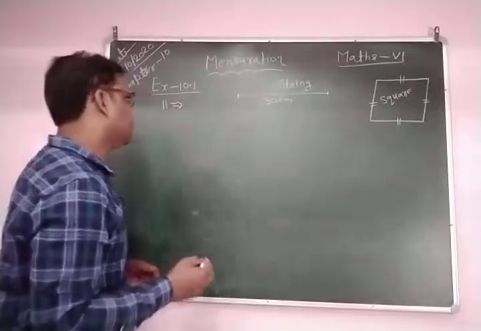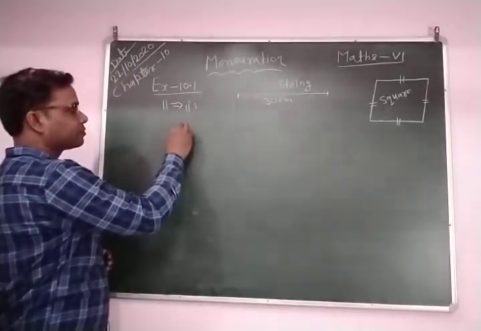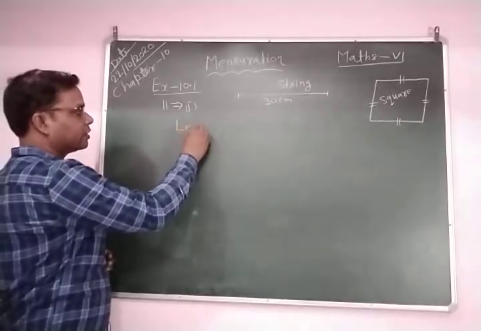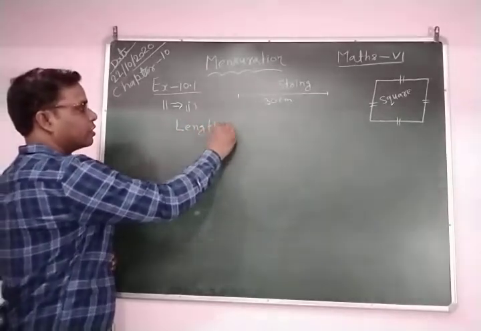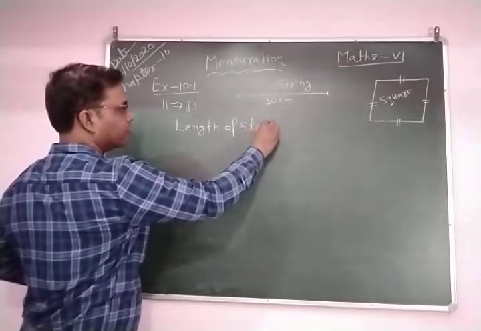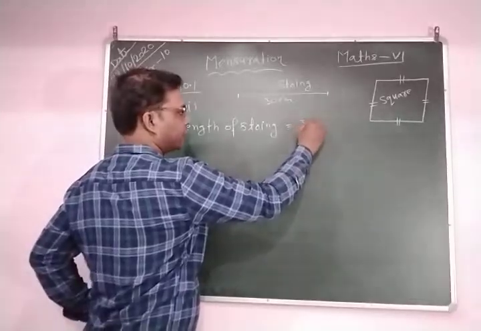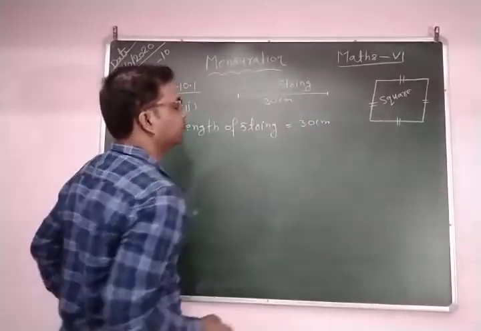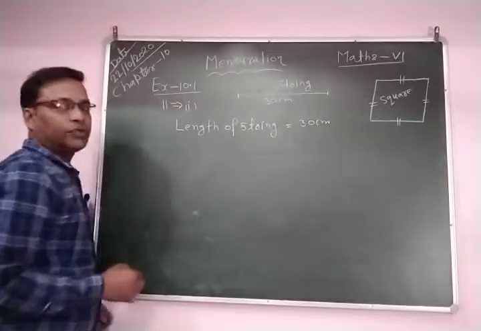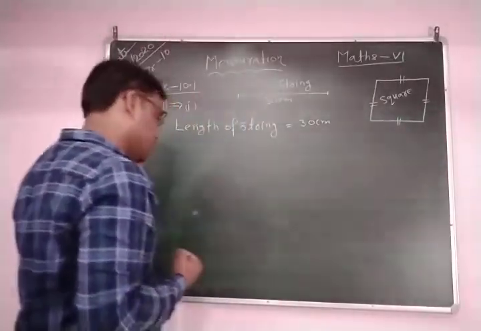Okay, so first we write here, this is the first part of question number 11. Length of string is equal to 30 centimeters. Now we need to find the perimeter of the square.